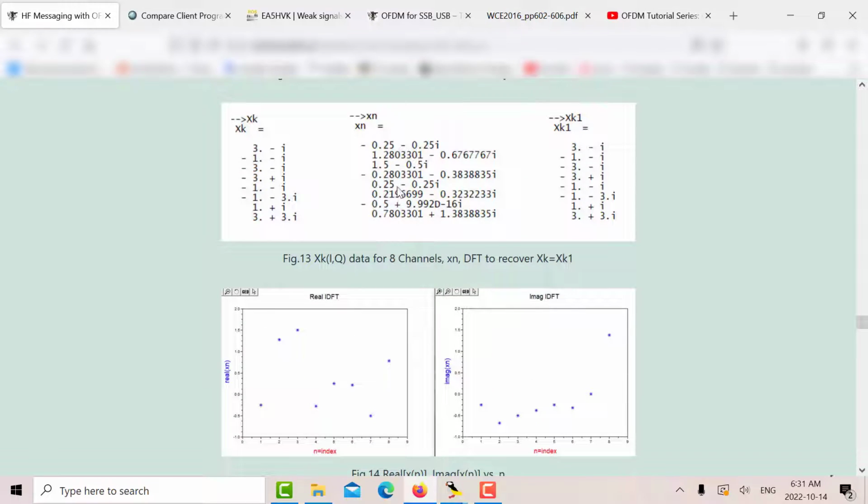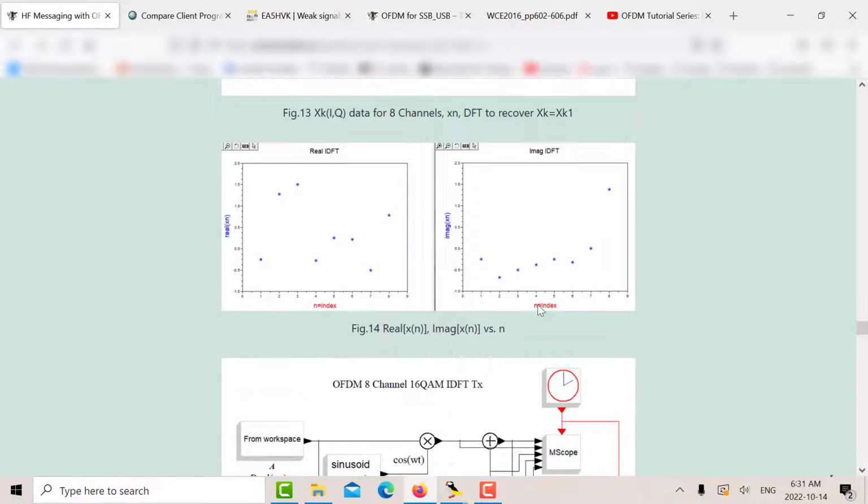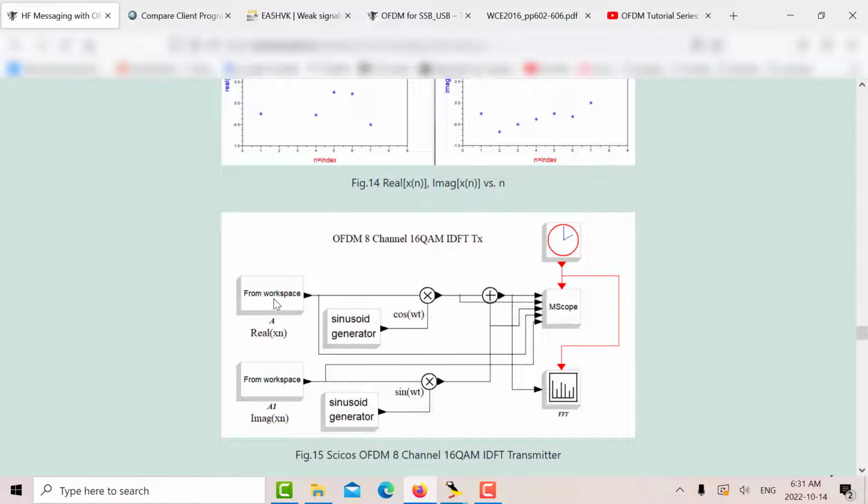So that's the real part of XN, that's the imaginary part of XN. And then I created a stream where the real come in, and that's the imaginary. They're converted from D to A, and then they multiply the cosine and the sine at 1500 hertz, and that's my output.